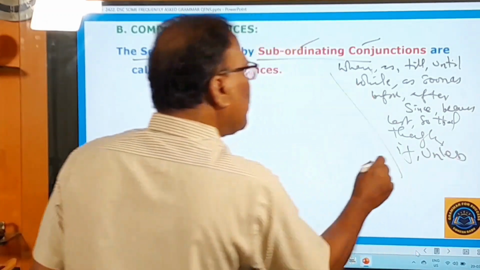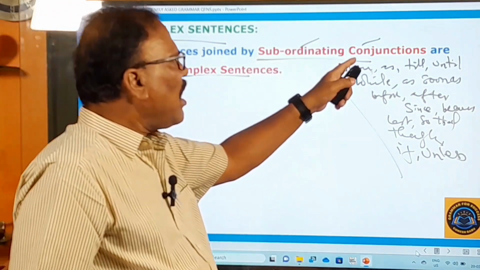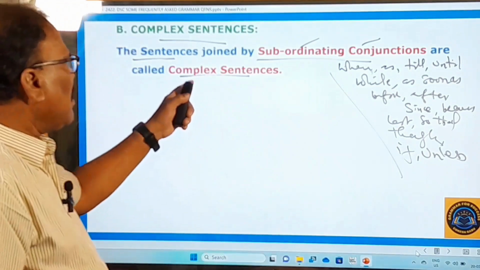There are so many subordinating conjunctions. Okay, the sentences that are joined by these subordinating conjunctions are called complex sentences.